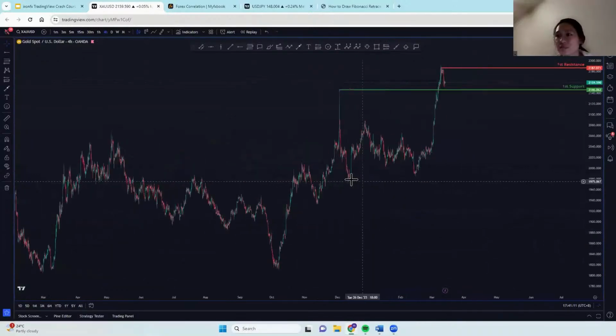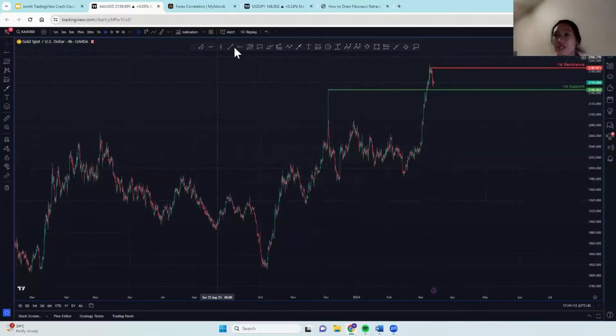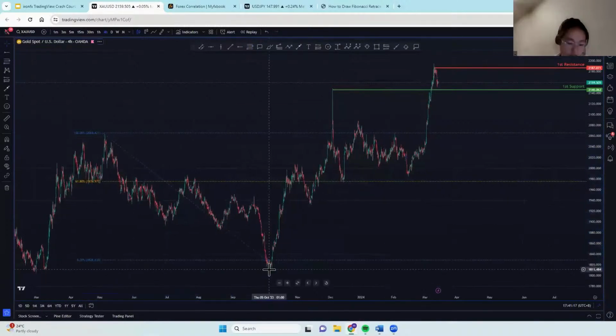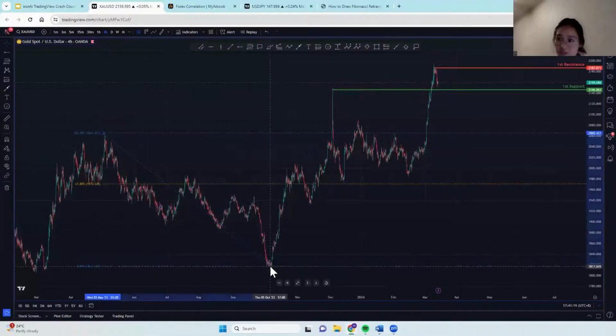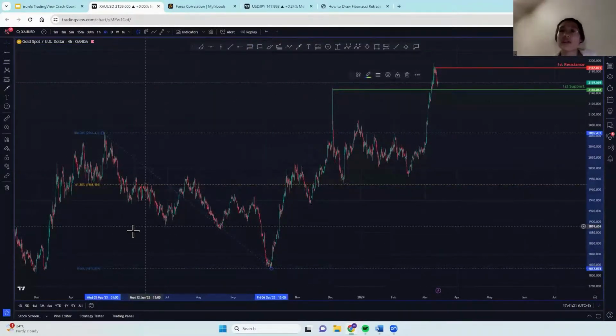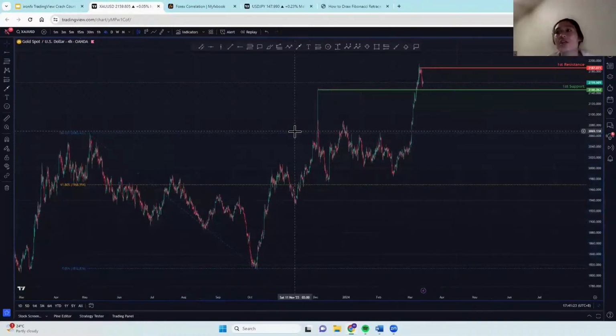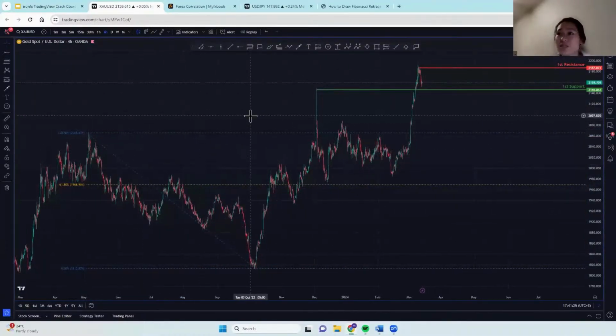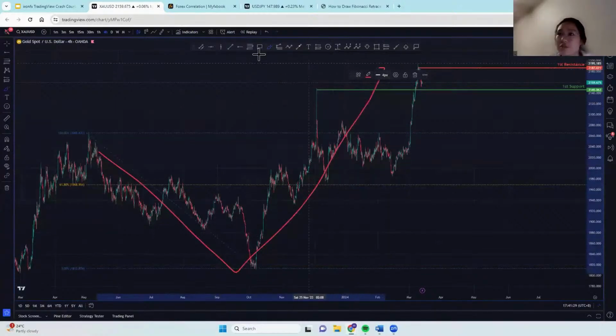Okay, now going in with some Fibonacci levels again. I'm going in with a Fibonacci retracement, or rather, actually, this is a Fibonacci extension. So it's a tip, you can see this tip kind of shape.